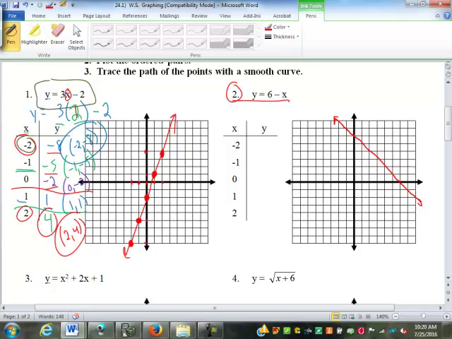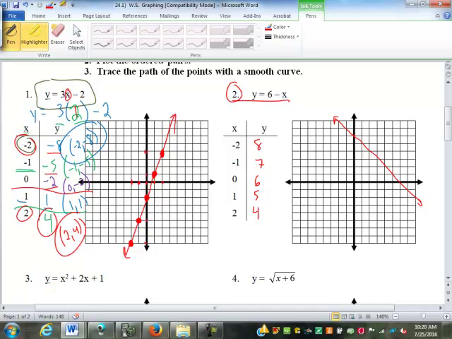How many of you had a line that looked like that? 1, 2. Didn't get there yet? Okay. So at negative 2, it would have been 8. Negative 1 would have been 7. 0 would have been 6, 5, and 4. That's what you're getting? Okay.